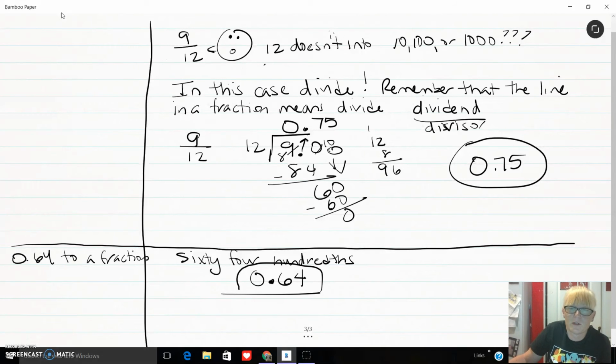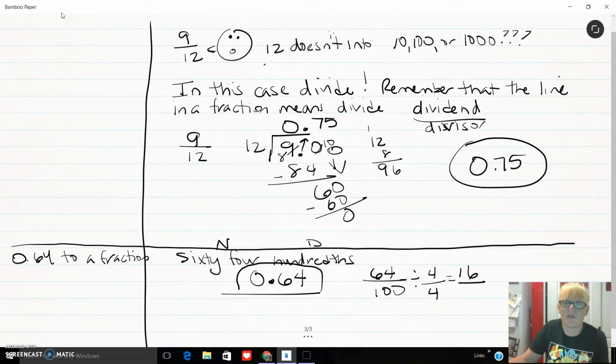Dumb. Okay, so 64 over 100, right? Remember, this is numerator, denominator. 64 over 100. I got to simplify that because if not, your teacher's going to get mad at you. 64 divided by 4 is 16. 100 divided by 4 is 25. Let's see. 8 can't go into 25, 2 can't go into 25, 4 can't go into 25, and 16 can't go into 25. So that is my smallest fraction.